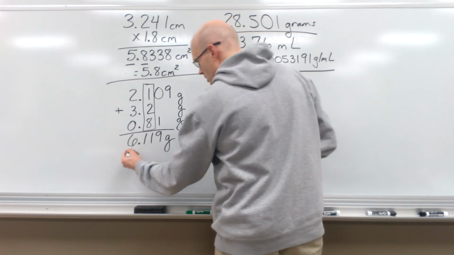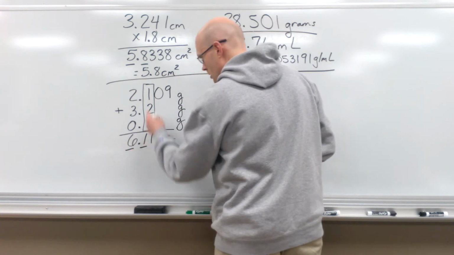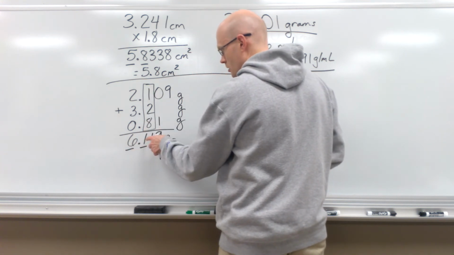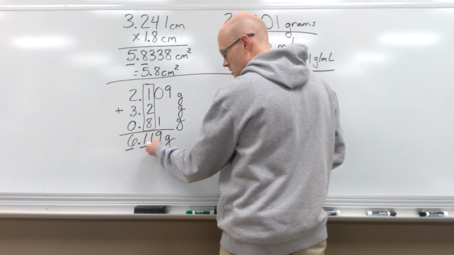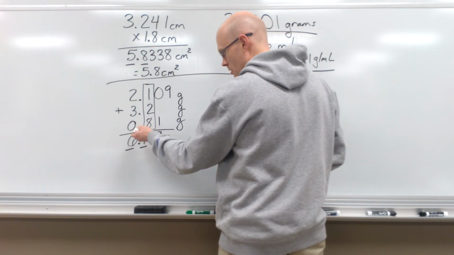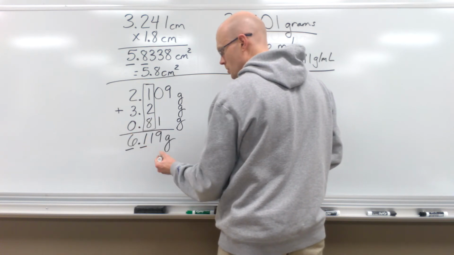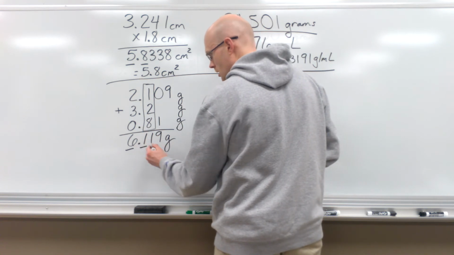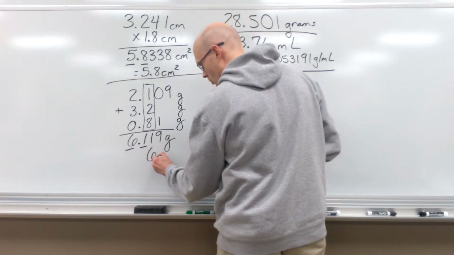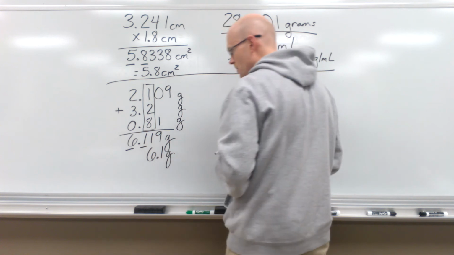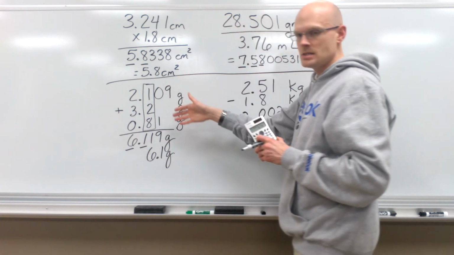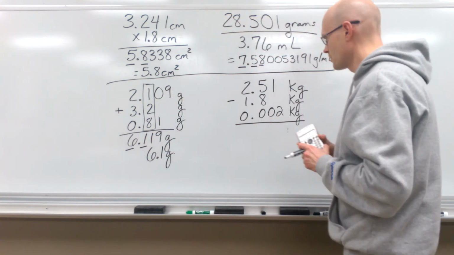So we'll record 6.1, the tenths position is shared. We look behind it to see if we need to round up or round down, keep it the same. 1.9 behind it will keep us at 6.1 grams. So we're focusing in on the decimal, the digits of precision.